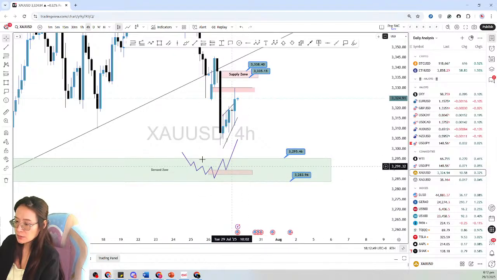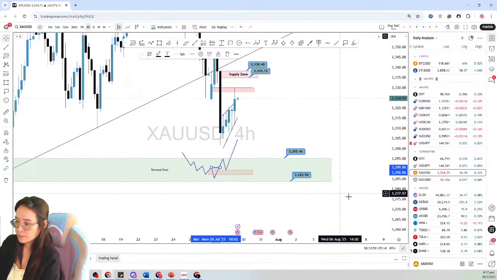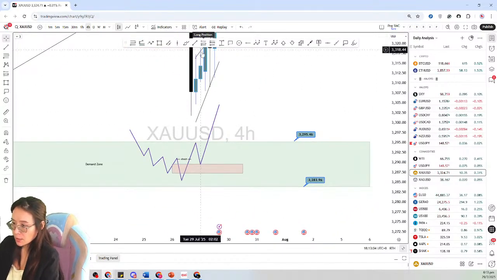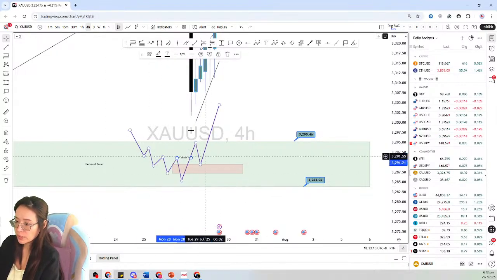Within the demand zone, you go down to M5, M15 to look for a change of character. A change of character has to occur here within the demand zone.